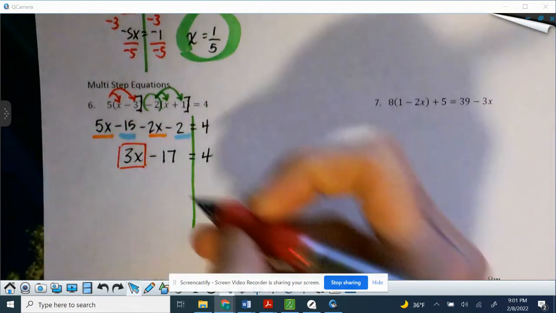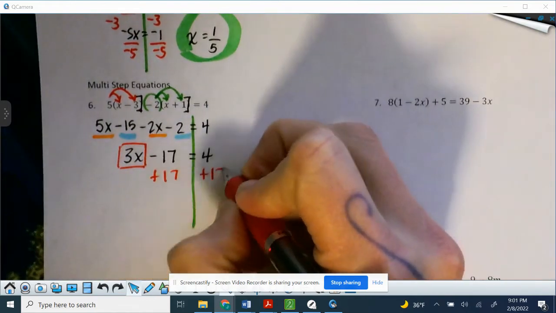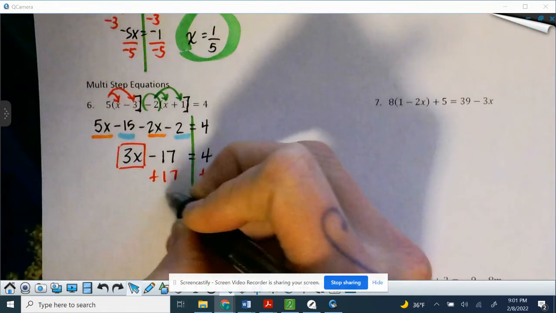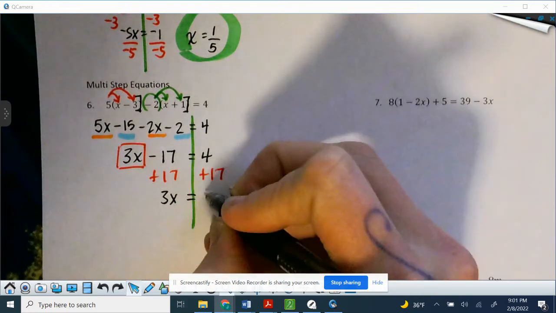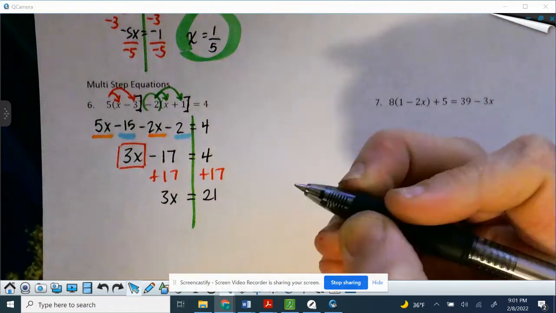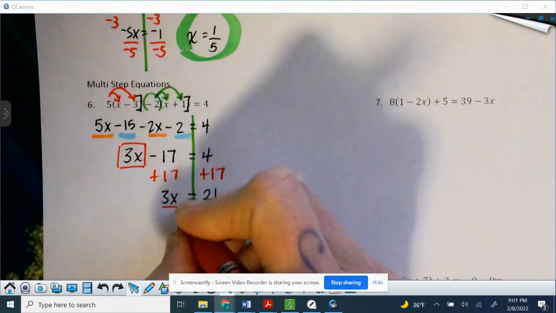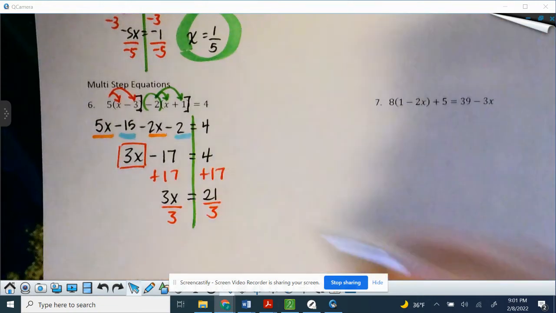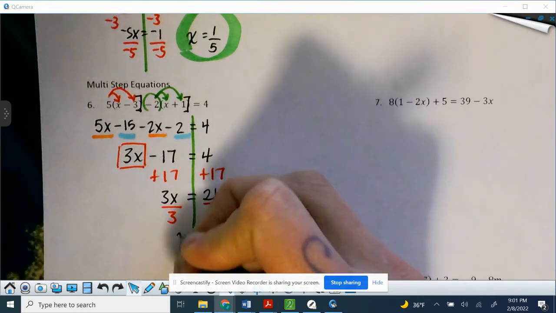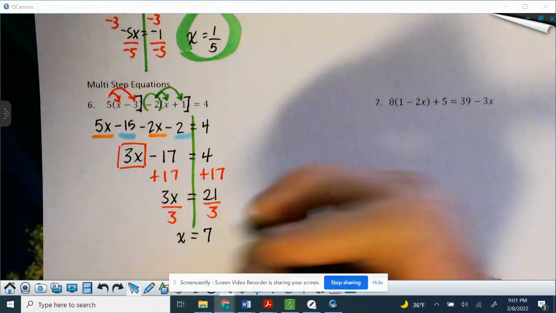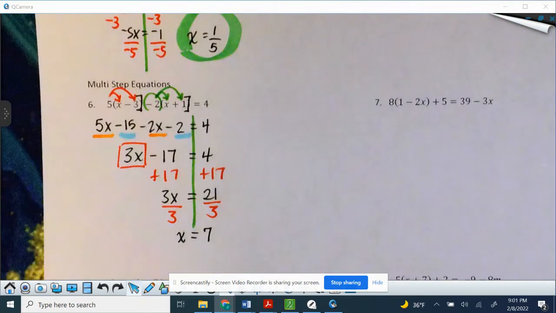So we're going to add 17 to both sides. So 3x is now equal to 21 because 17 plus 4 is 21. 3x is the same thing as 3 times x, so we have to undo that by division because that is the inverse of multiplication. And so x equals 7. And then we have completed that problem.